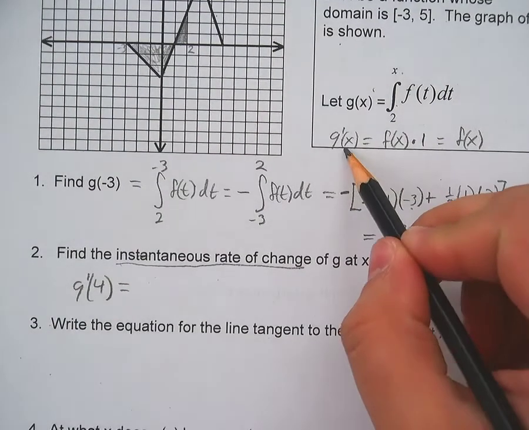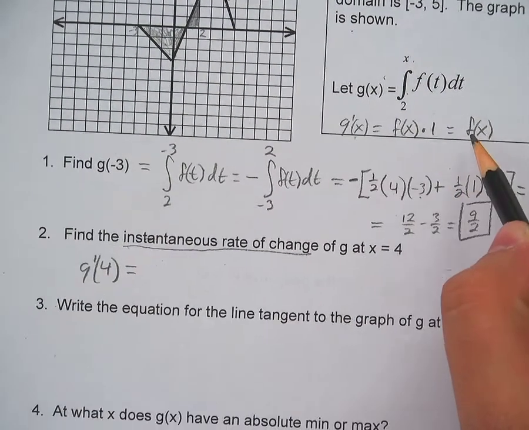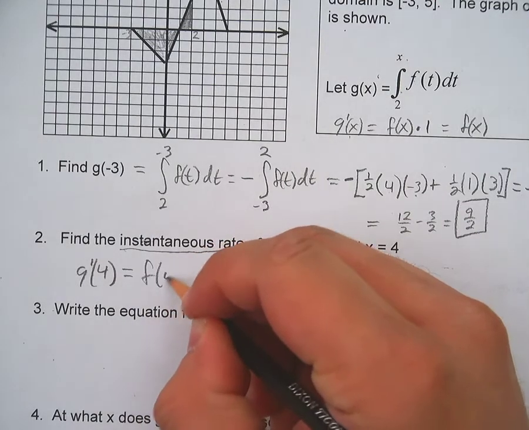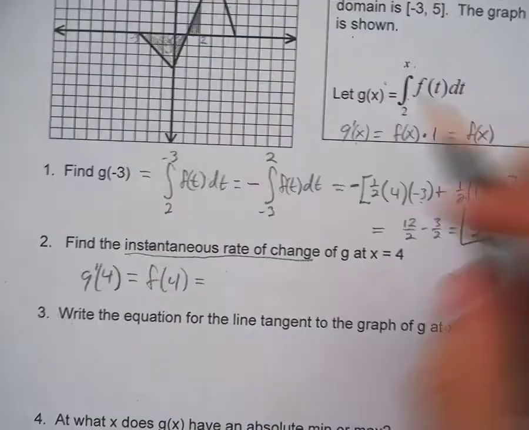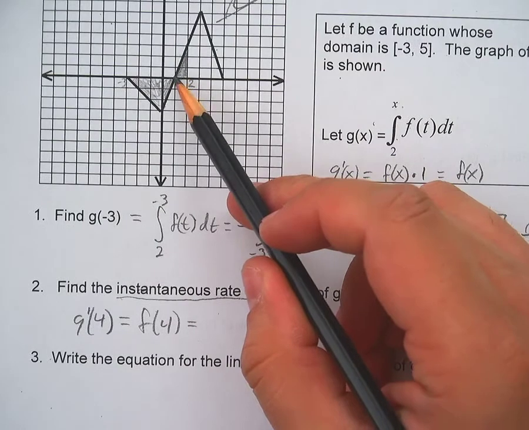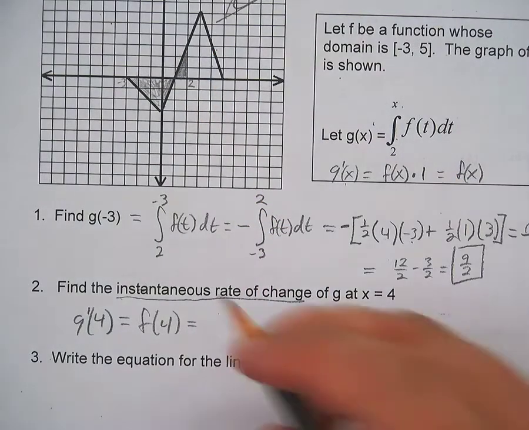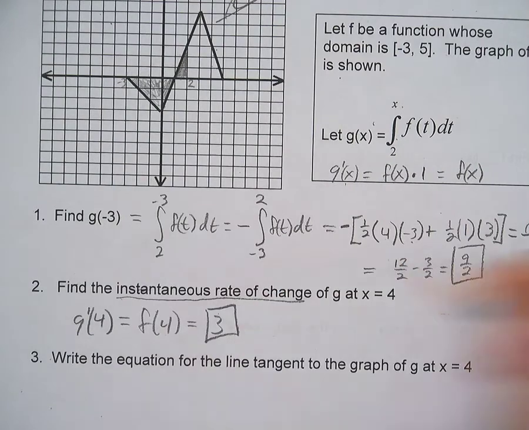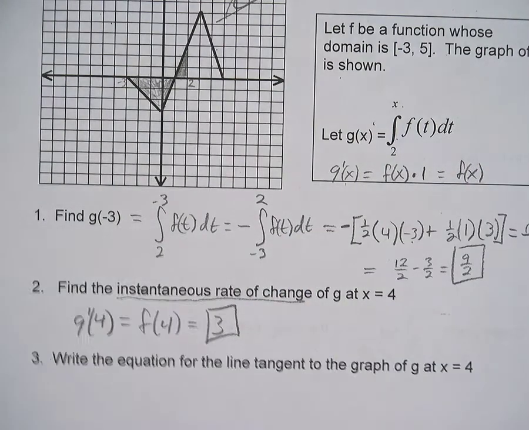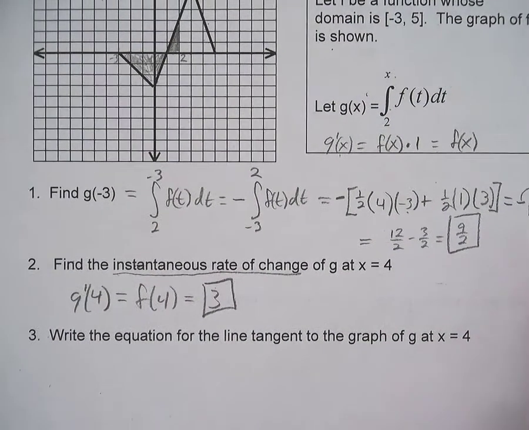G prime is F. So did they just ask me to find F of 4? I think they did. 1, 2, 3, 4. 1, 2, 3. Bam. Calculus.